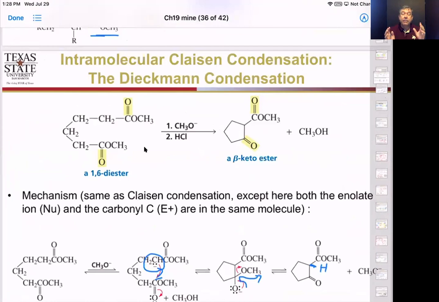And the key feature in the Dieckmann is you typically only form 5 and 6 membered rings. So you have to find which of your carbons that you can make the enolate on that will form a 5 or 6 membered ring. And we're gonna do that for tomorrow as our activity.